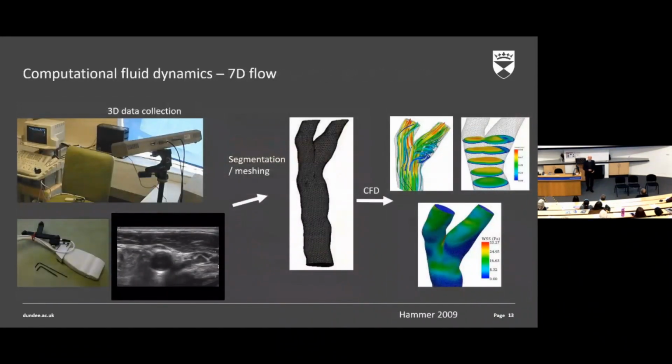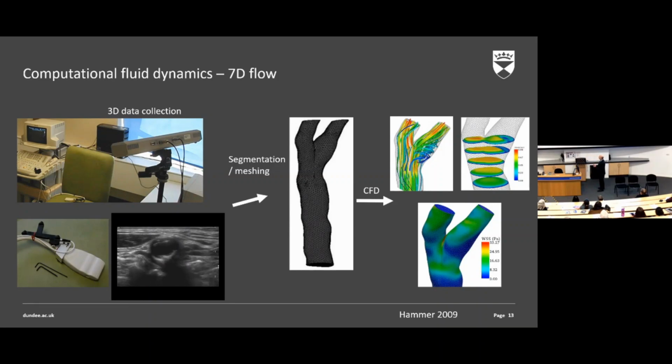So I've talked about the need to measure 7D flow, and computational fluid dynamics is a fantastically powerful tool for measuring 7D flow. And the way this works is that you need 3D data sets, you need 3D geometries of the arteries. And in this case, we're going to collect this data using ultrasound. And what we've got is our ultrasound scanner.